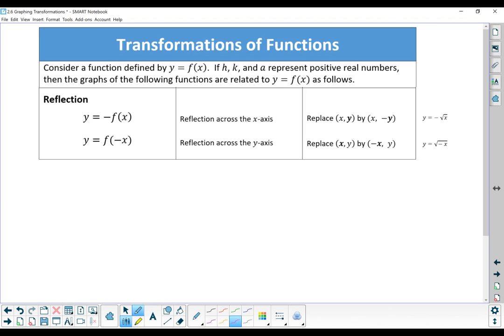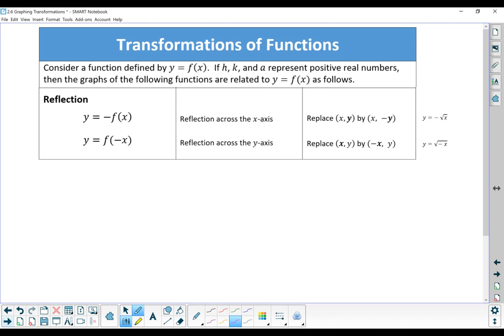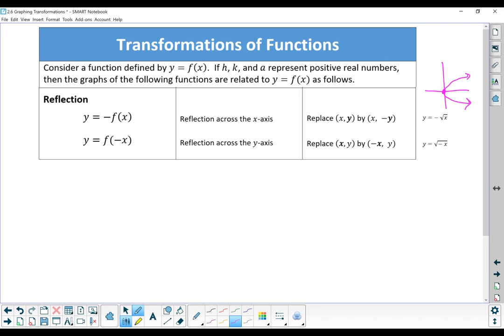Reflection really is the same idea as a vertical or horizontal stretch. It's just that if it's a negative, the net effect is that it literally flips the thing over. So a negative root of x, instead of going up and over, is going to reflect and go down and over. So if the negative is in front of the function type, that would be a vertical reflection.